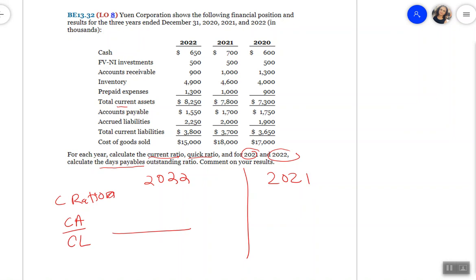In the question they've given us the current assets and the current liabilities, so all you're doing is using the formula. What are your current assets in 2020? Our current assets are 8,250, our current liabilities 3,800. It'll give us a current ratio of 2.17.